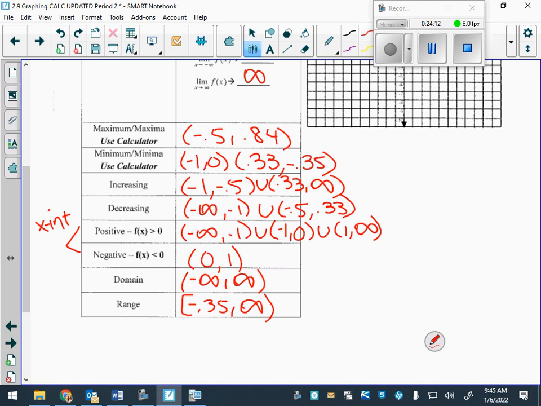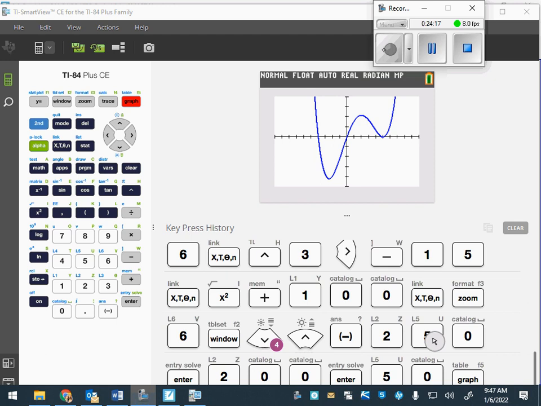Yep. The homework. Kate? The x-intercepts? Using the x-intercepts or moving the cursor left or right? Yep, both of them work.